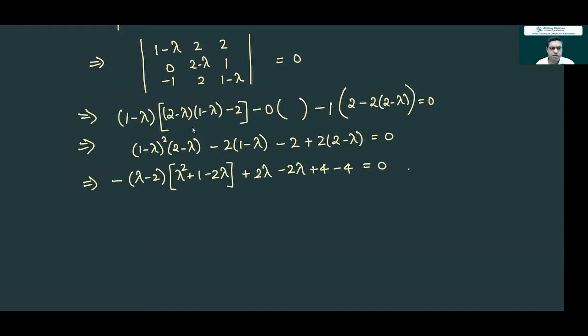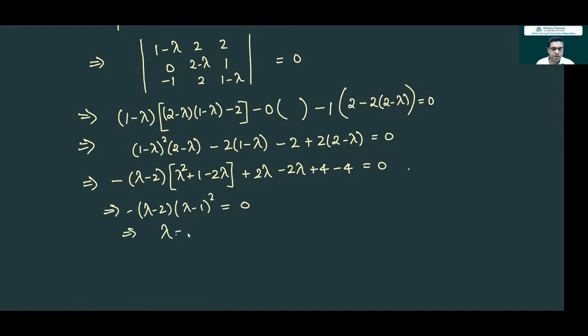Some error somewhere. No, this is right. It's plus 2 into 2 minus lambda. So plus 2 lambda minus 2 lambda cancels, plus 4 minus 4 cancels. So I'm straight away getting this. I don't have to do other things.